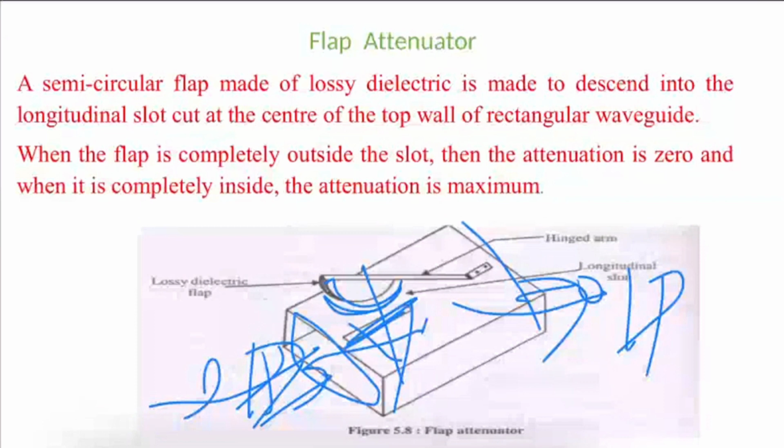Okay, so this is how the variable attenuation is obtained in a flap type of attenuator. And whenever this flap is completely outside the slot, there is no attenuation at all.